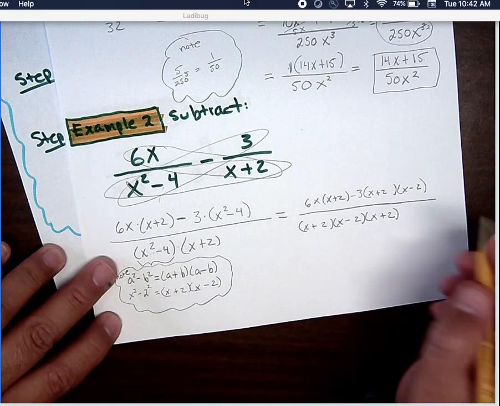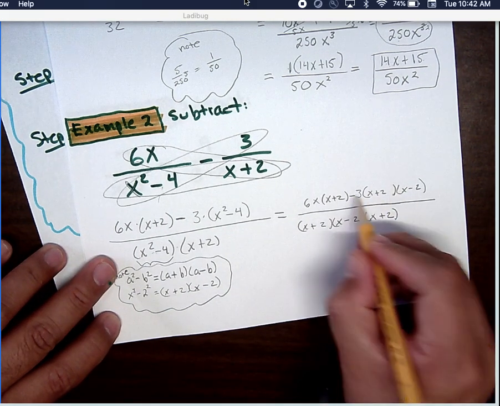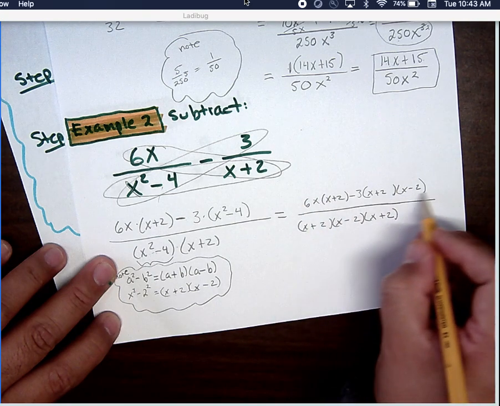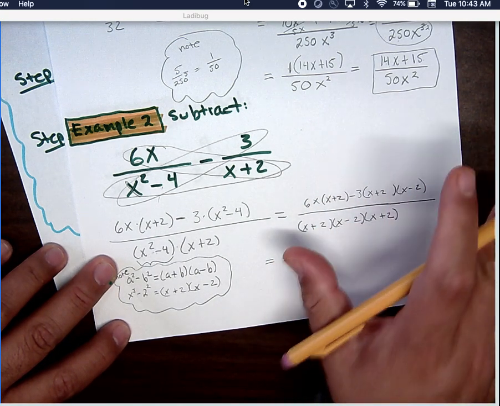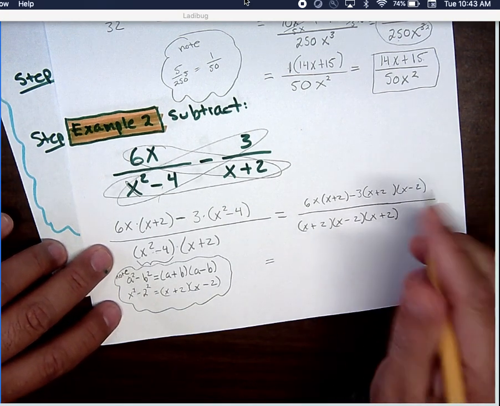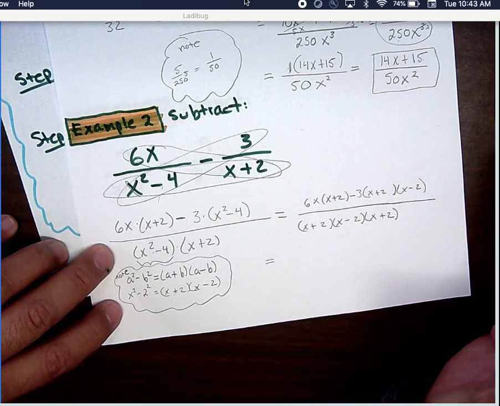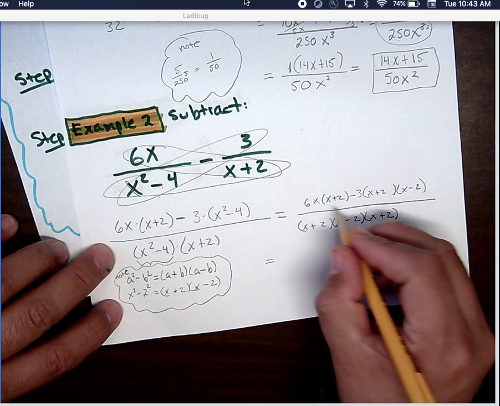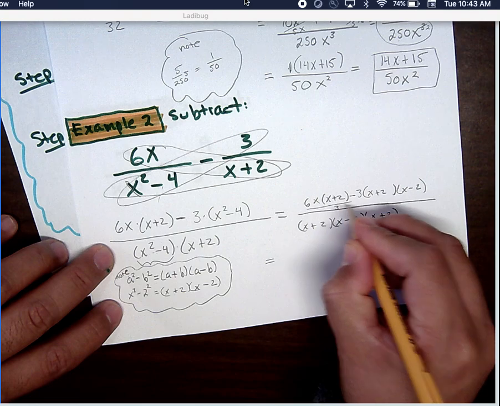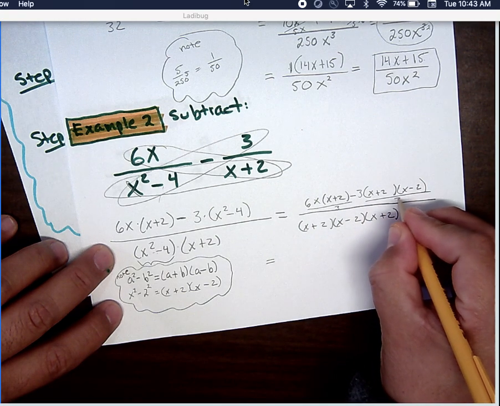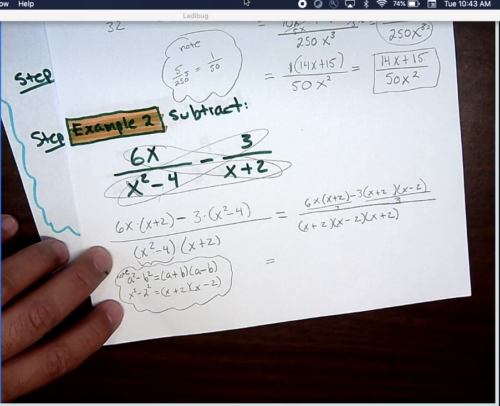Now we need to see if we can GCF something from the top. And this is a little bit different because now it's not one letter that you can simplify easily. Now the numbers, the 3 and the 6, we know you can GCF a 3 from both sides. And let me show you something.